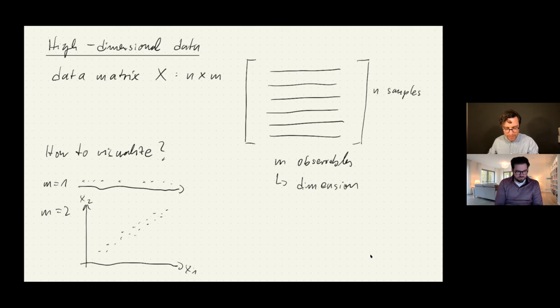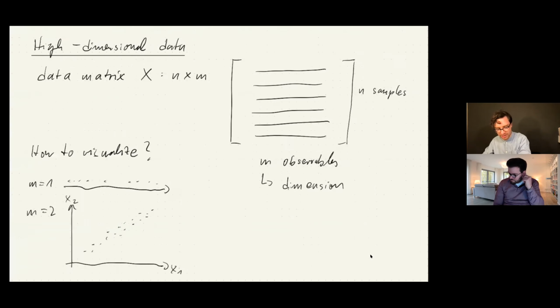But as soon as we are in three dimensions or larger, three dimensions we can still handle, we can do a three-dimensional plot maybe, but this is still hard to quantify. This gets non-trivial, and so we need techniques to think about how to actually look at and analyze these data.